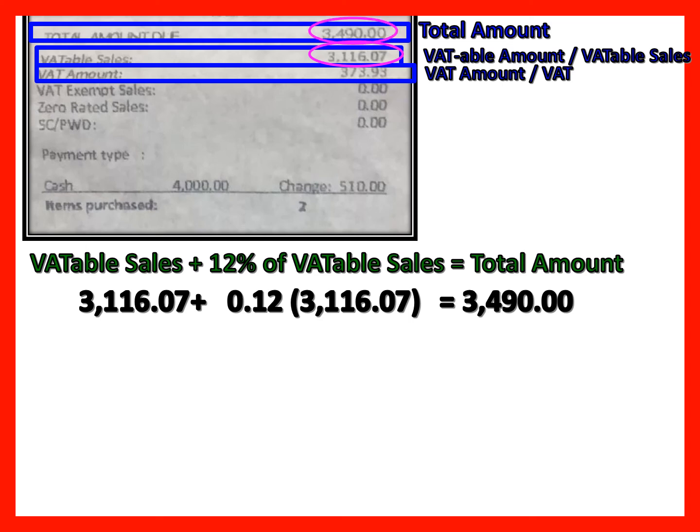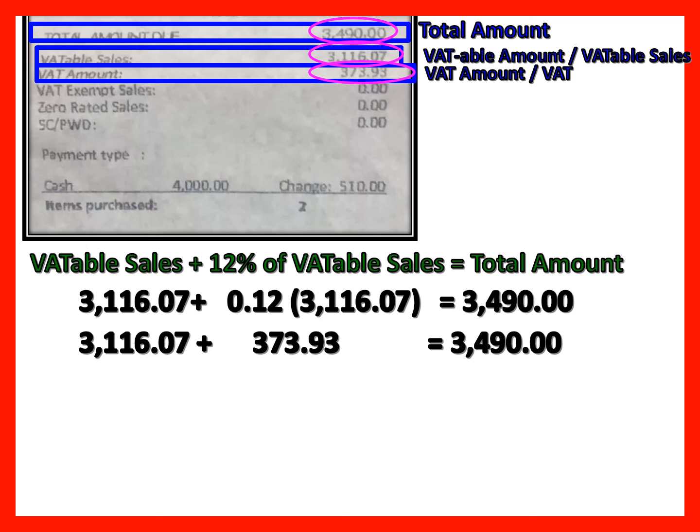Okay, so we need to multiply this first. Do not add these two terms, okay? Because you will get the wrong answer. We need to follow PEMDAS. So multiplying it, that will become 373 pesos and 93 centavos. And as you can see, it is our value added tax.